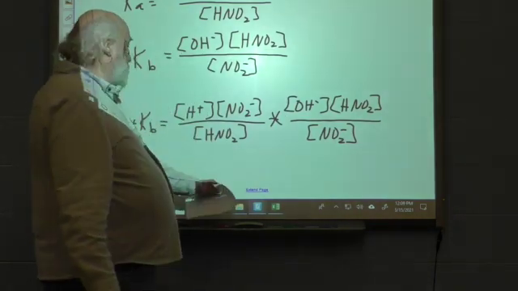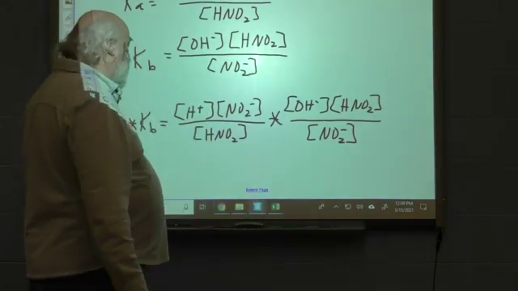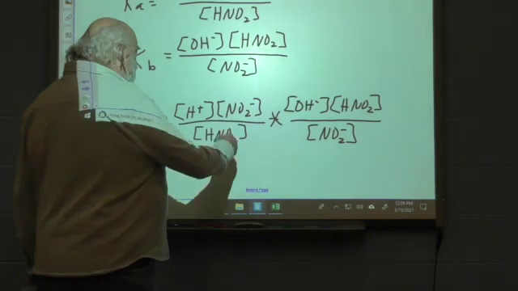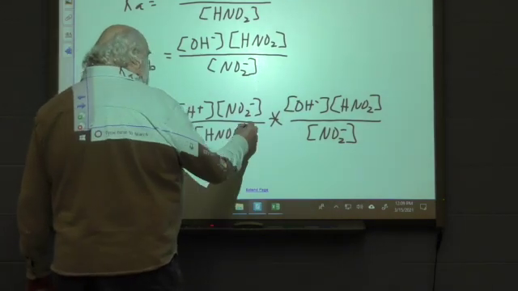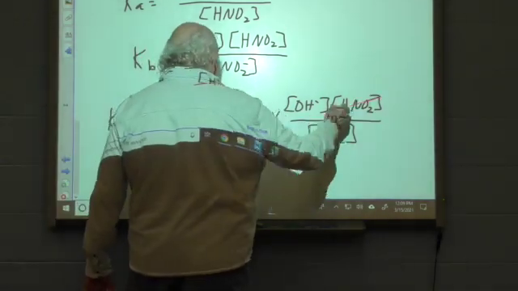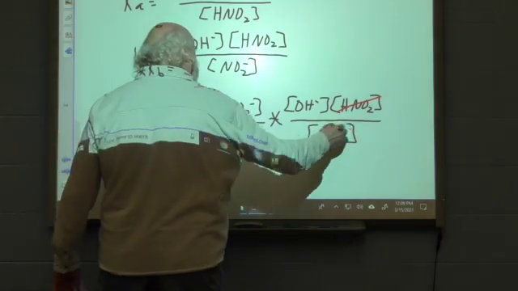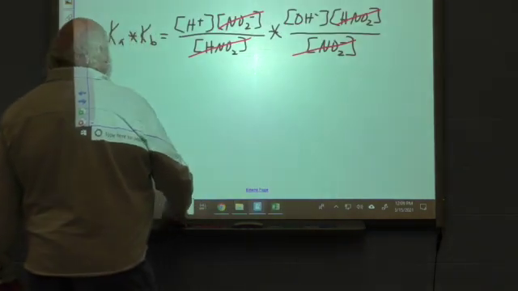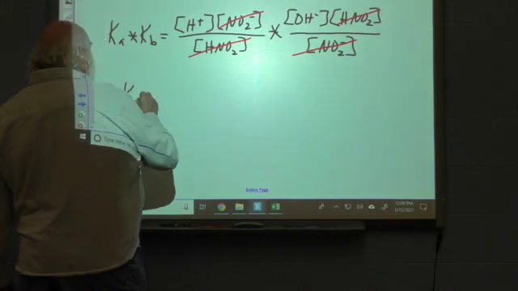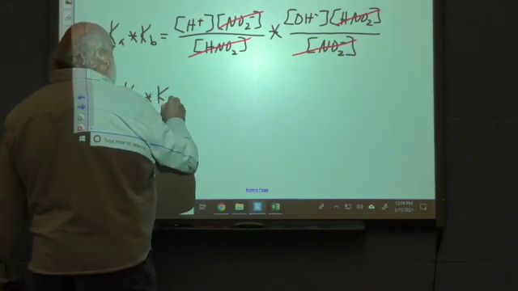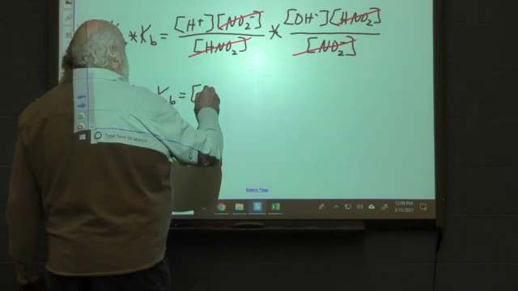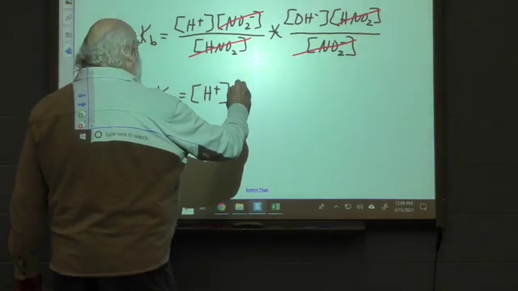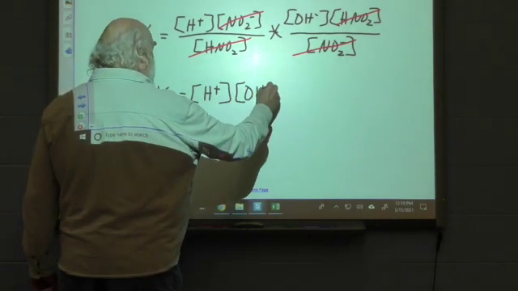And we are going to just go crazy here with cancellations. HNO2 cancels out HNO2, NO2 negative cancels out NO2 negative, and when the smoke clears, Ka times Kb is equal to the concentration of hydrogen times the concentration of hydroxide.